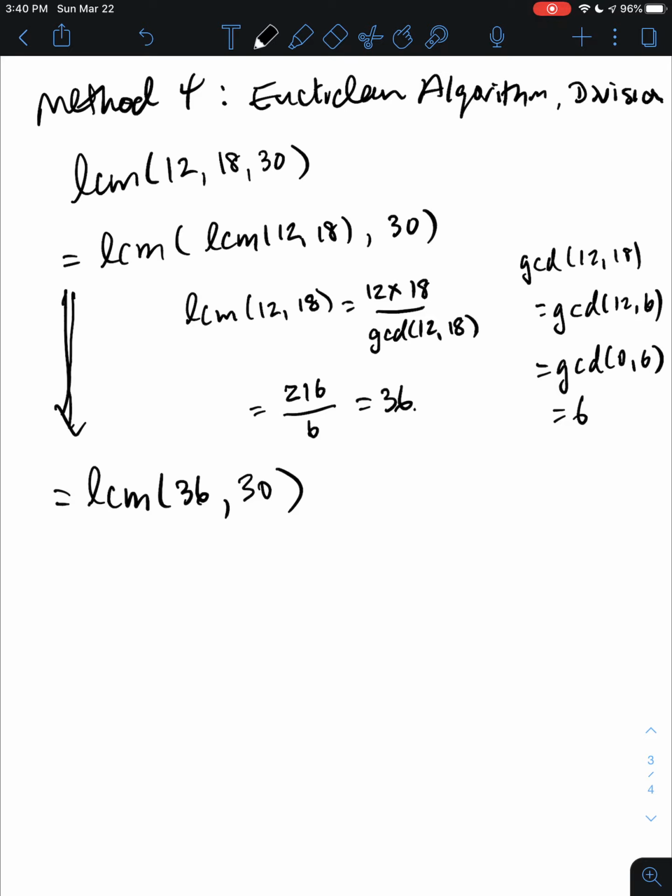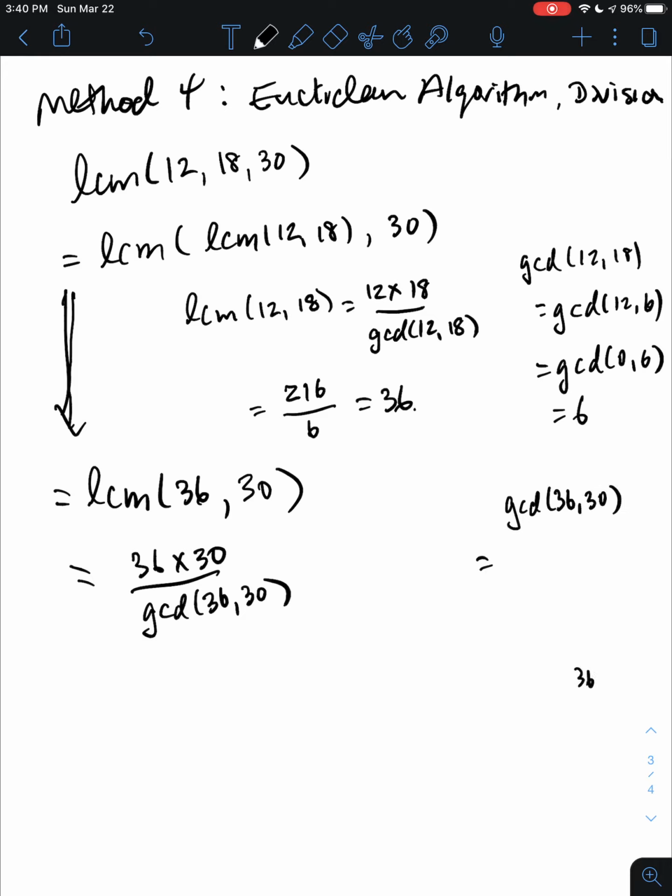Again, we can use division. So this will be 36 times 30 divided by the GCD of 36 and 30. To find that, I use the Euclidean algorithm with division.